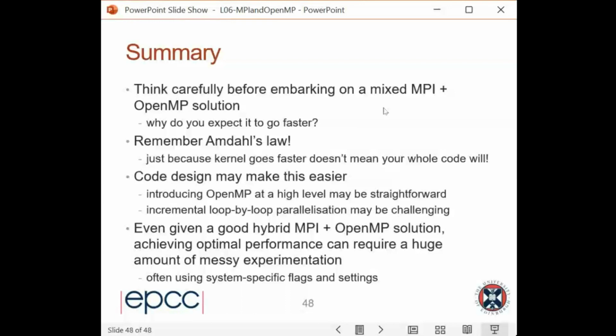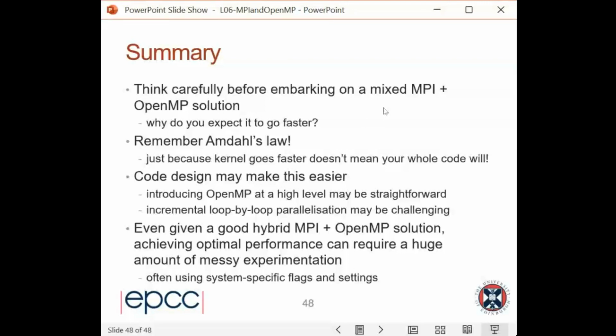The code design may make this easier. If you wrote a code from scratch to be hybrid MPI OpenMP, you could, for example, write it in a tasking model. So you basically say, I loop over tasks and execute tasks, and whether those tasks are executed by a thread or a process is rather irrelevant. However, if you're retrofitting OpenMP at a loop-by-loop level, this incremental parallelism may be challenging to apply globally to the whole code.